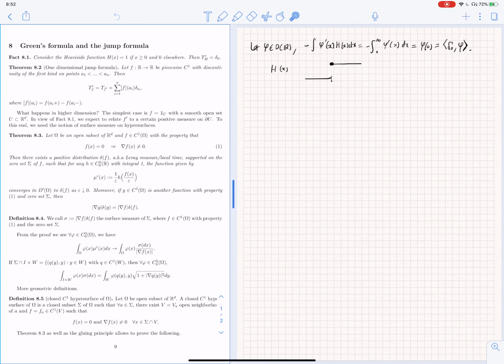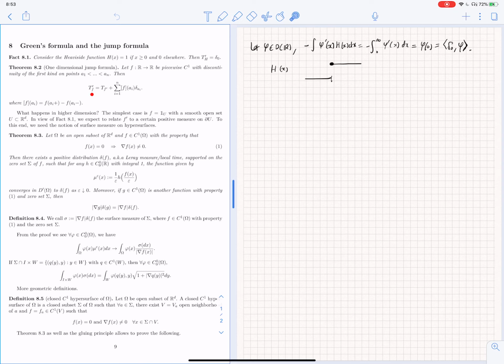We consider this one-dimensional jump formula. We're given f, a real-valued piecewise C1 function defined on R. It has discontinuities of the first kind at the points A1, A2, ..., AN. These are ordered points on the real line. Then we can compute the derivative of this f in the sense of distribution.